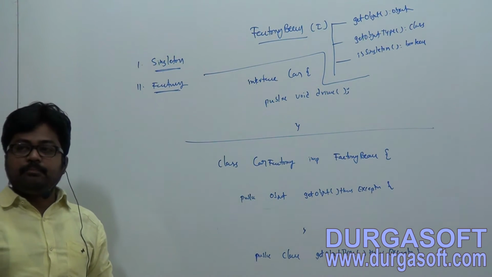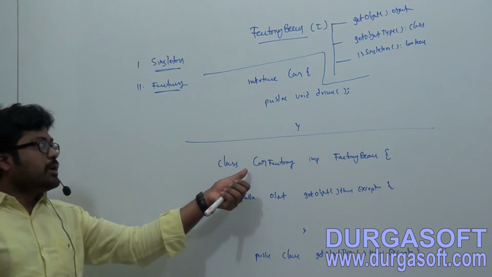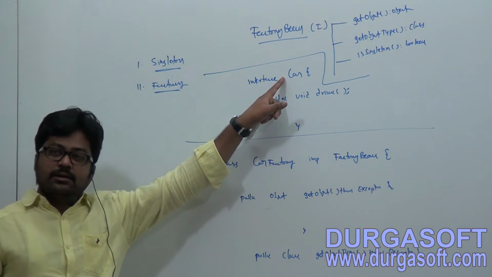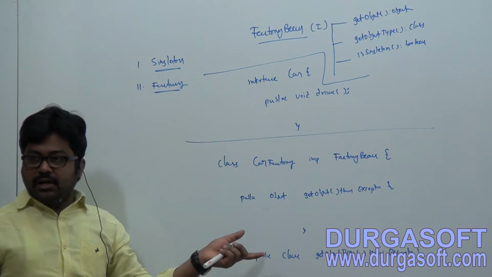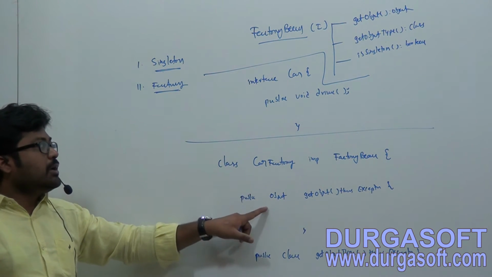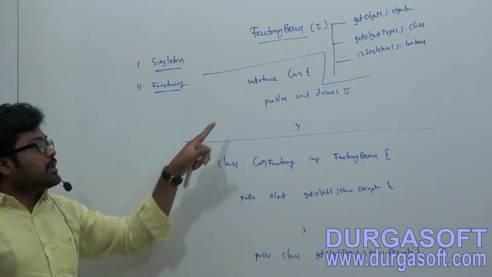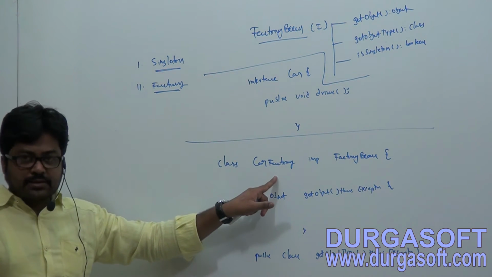Three methods we have. So what is this factory's main aim? It needs to have the capability to return any Car class implementation object. So first it needs to take the Car class implementation as an input.